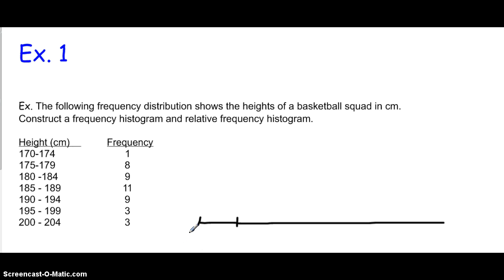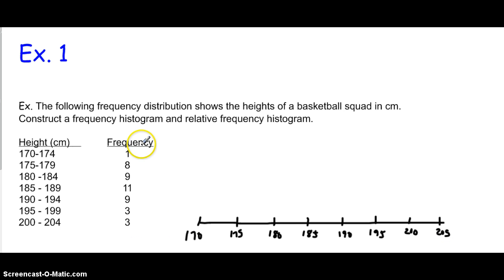Then 175 would be our next break. On our horizontal axis we have 170 to 175, then our next spot will be at 180, then 185, 190, 195, 200, and then 205.